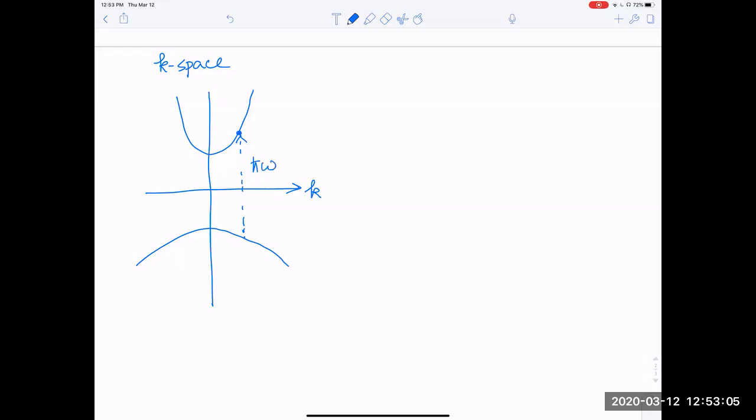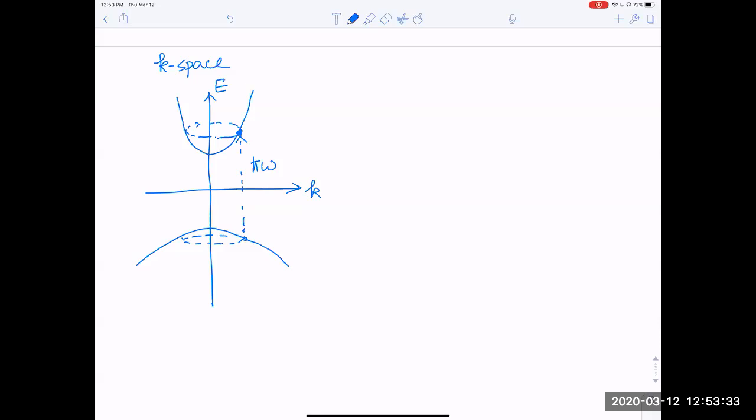Now we have many states that need to be summed over. And in this simplified two-dimensional plot, these states will be occupying a ring here. Likewise, the hole will be occupied by a ring. So there are many different states involved in this transition.